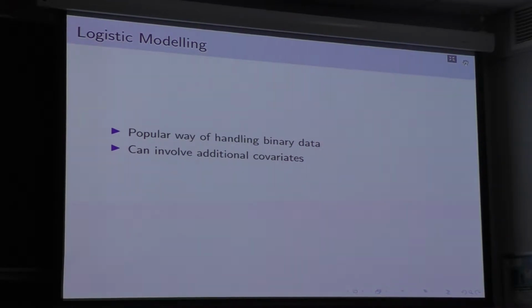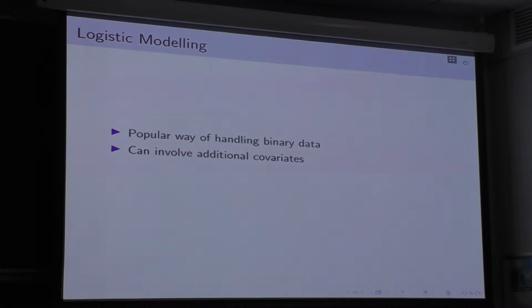Logistic modelling is to be preferred over some of those very simple count-based approaches, because, as we can in most regression models, we can include other covariates. It's not just dead or alive according to whether treated or not, summarising everything down into simple two-way tables.